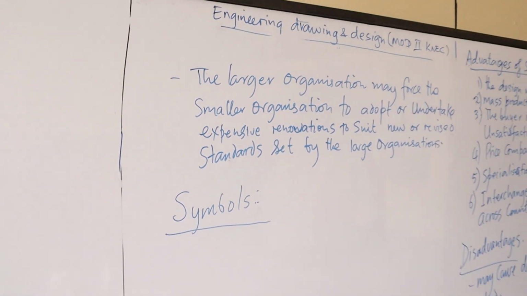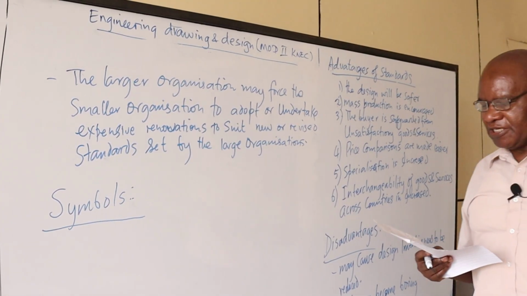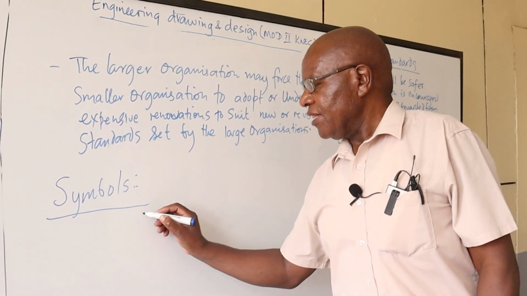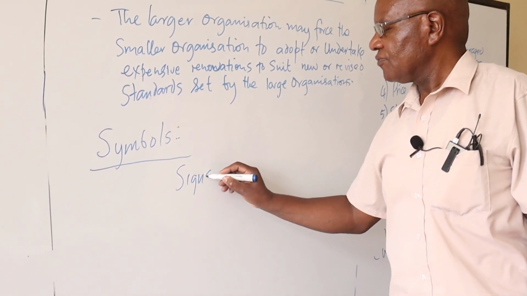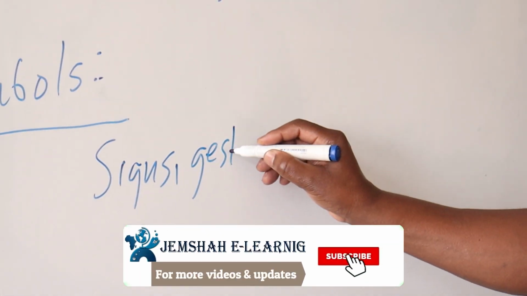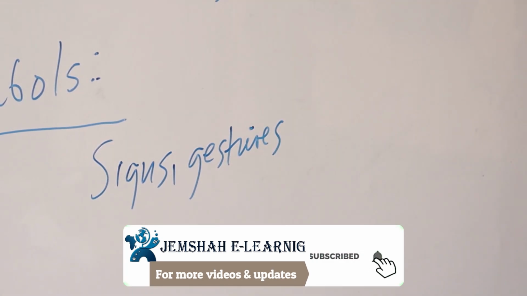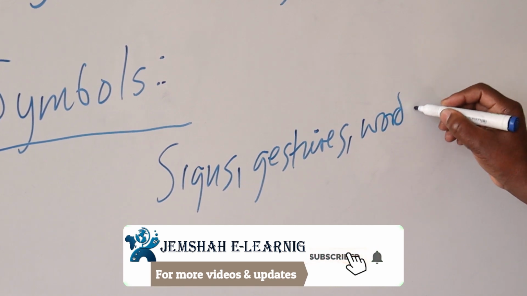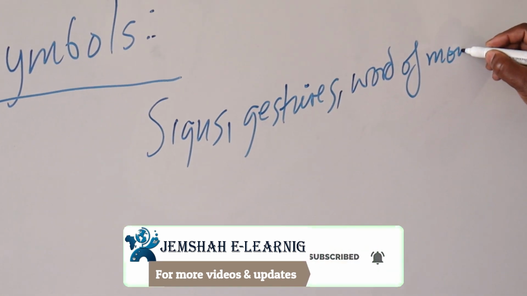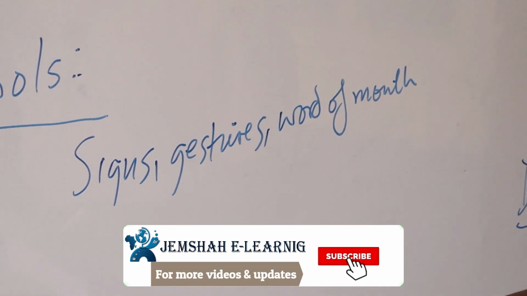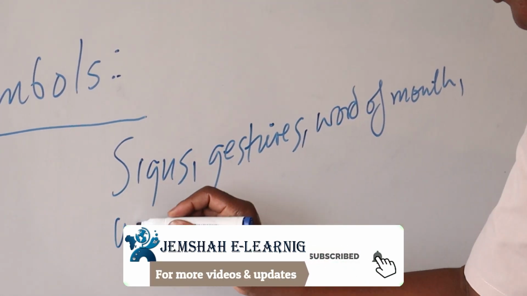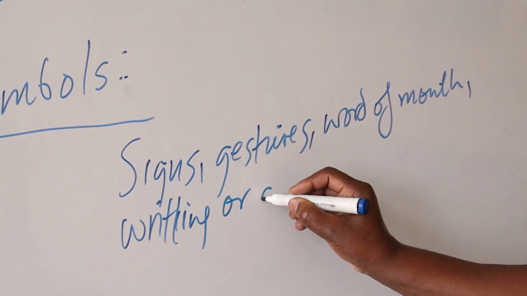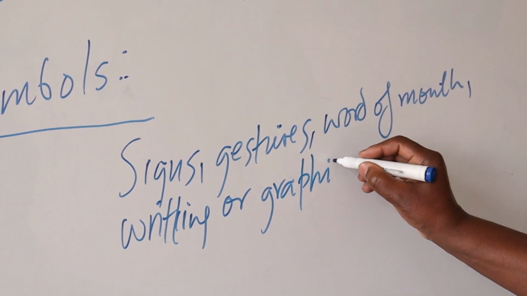We find that there are many ways of communicating information or instructions. That can be either through signs, gestures, word of mouth, writing, or graphics.